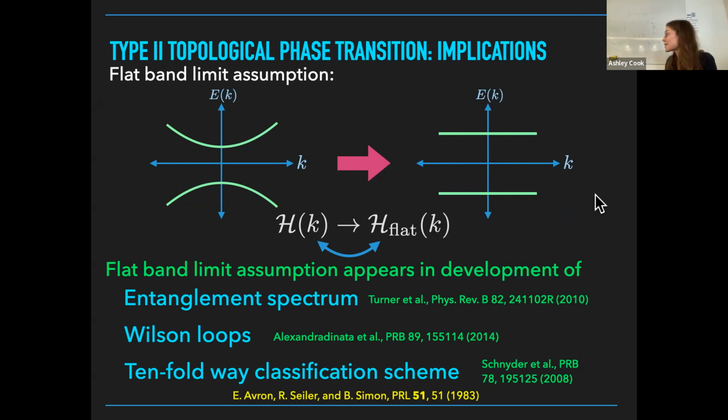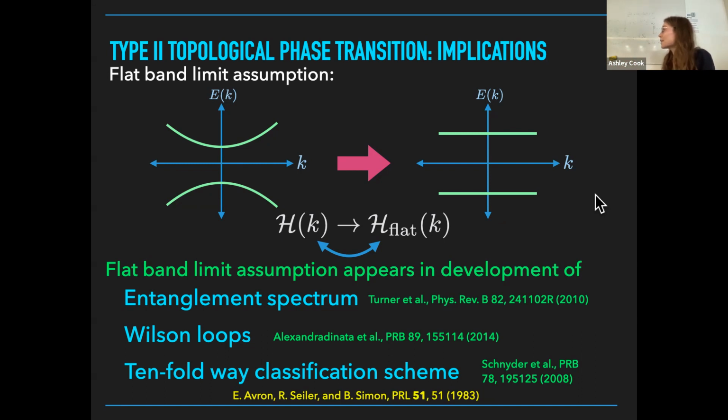So the key point is the flat band limit assumption has actually been used very widely in the study of topological condensed matter. For instance, it's used to connect the spectrum of the physical Hamiltonian to the spectrum of the entanglement Hamiltonian in order to use the entanglement spectrum as a diagnostic for topology in the physical Hamiltonian.